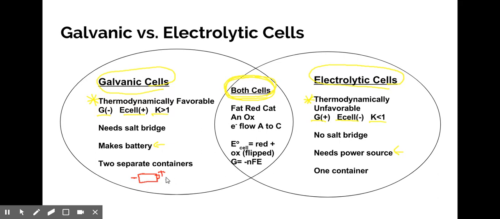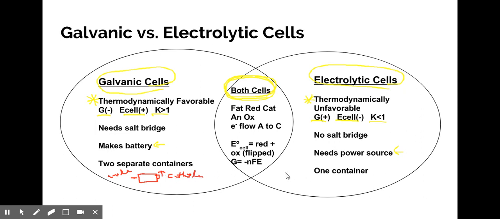For galvanic cells, the positive terminal is your cathode. Okay? The positive terminal is your cathode. For galvanic cells, the negative is your anode. I don't know if you guys can read that, but you guys get the idea. So the negative is your anode. The positive is your cathode. Okay?